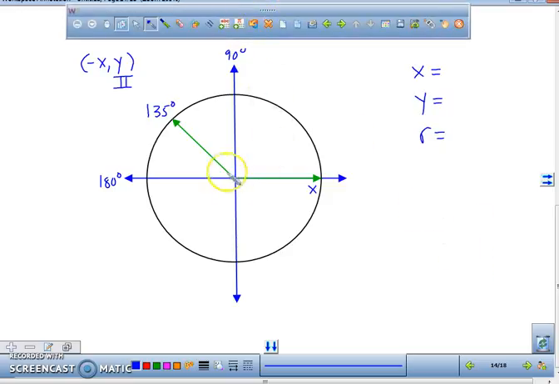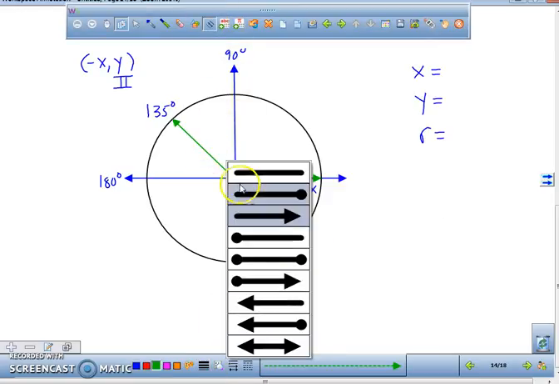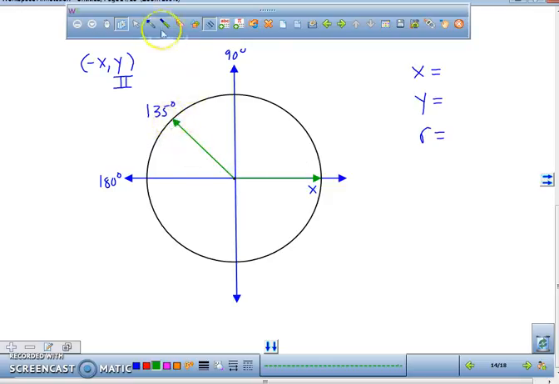Now, once you figure out this is your initial side and this is your terminal side, the next thing I want you to do is create an angle with the x-axis. From this point right here, draw a line going straight down to your x-axis, which forms a right triangle.